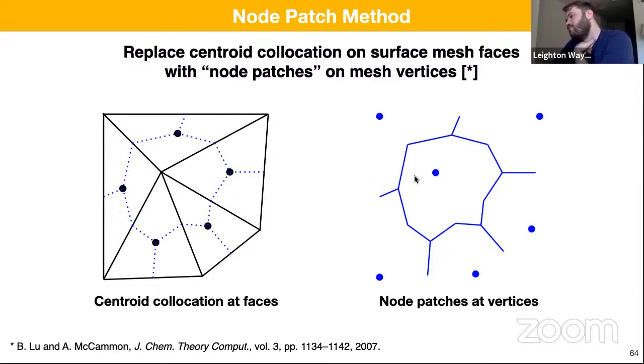With the node patch method, you can instead place a particle at the vertices here, and then the area of the face, quote unquote, that it's associated with is the sum of 1/3 the area of all of the surrounding mesh elements that meet at that vertex. So this node patch method actually has quite a big impact on decreasing the size of our linear system without giving up anything in terms of accuracy, which is very important for us.